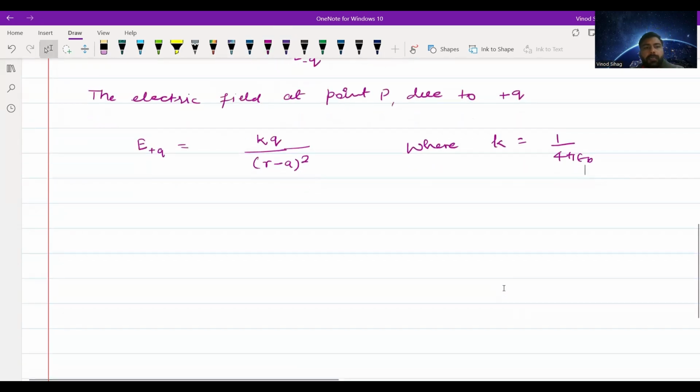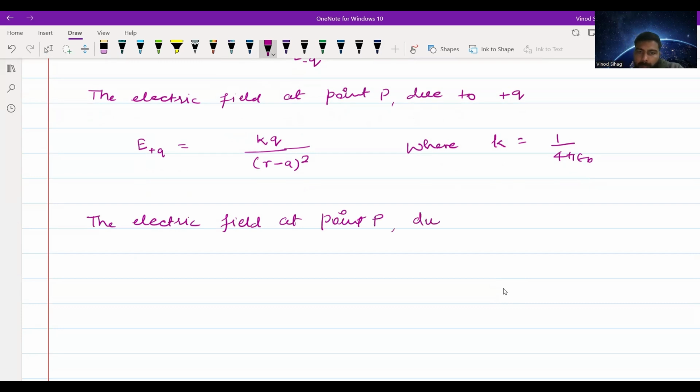Now the other electric field, the electric field at point P due to minus charge कितना होगा?